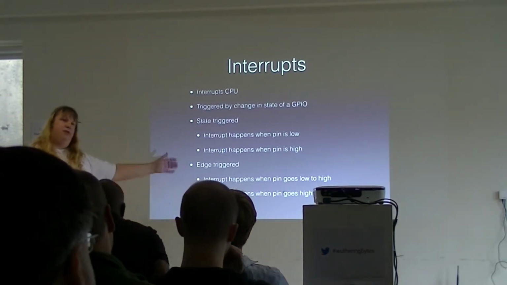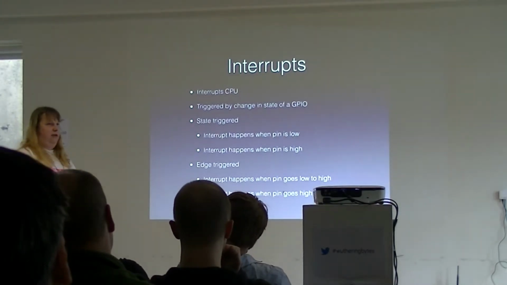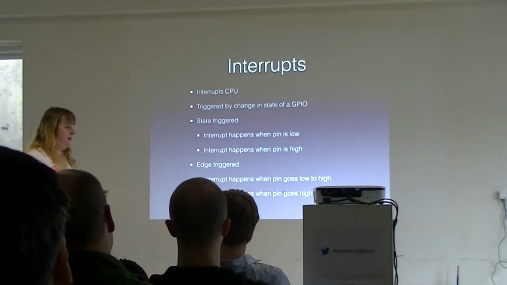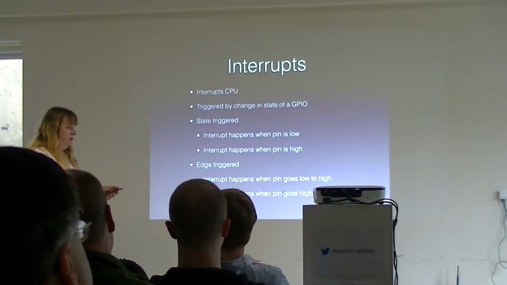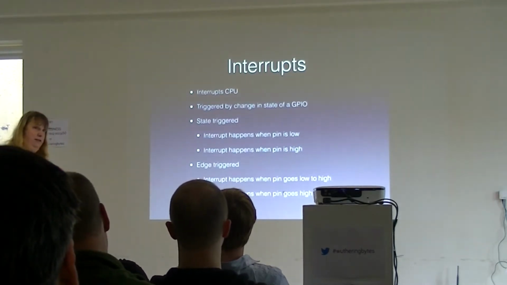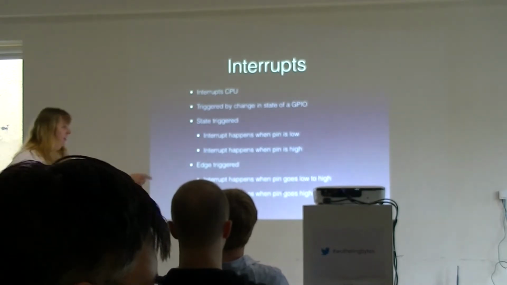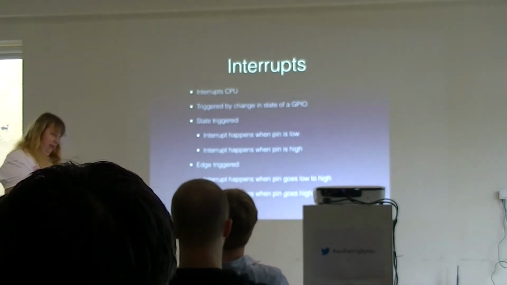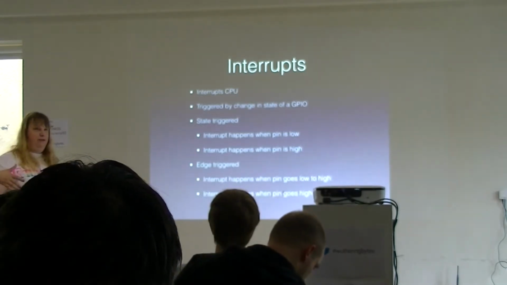Two types of interrupts you tend to find are level or state triggered, which basically means the pin is low so the interrupt goes off. And the interrupt might keep going off while it's low, or while it's high the interrupt goes off. Or edge triggered, which means it will only happen once as it goes from high to low or low to high, and then once it's happened, that's it.